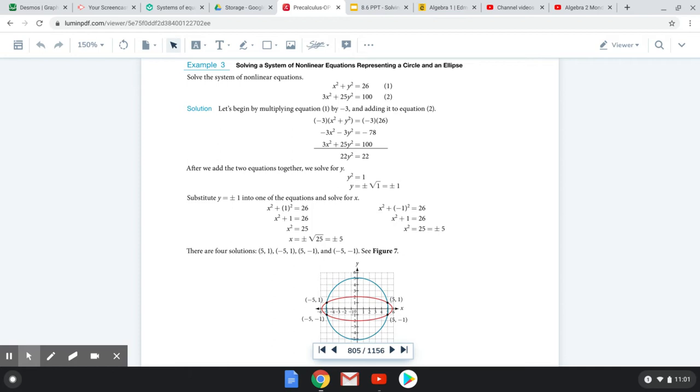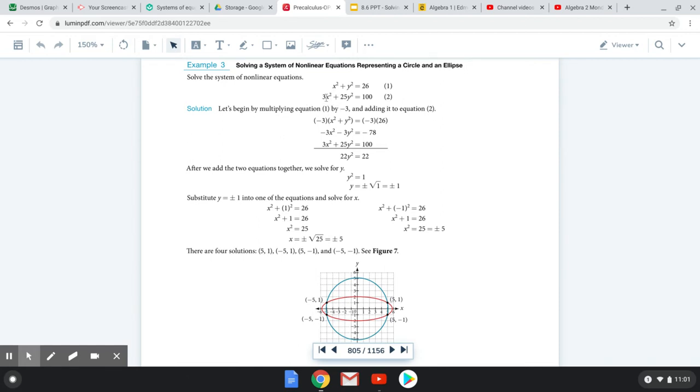Using substitution, we would have to solve for x, for example, and then we'd have to end up taking the square root of both sides, which runs the risk of losing information, right? When you take a square root, you have to do plus or minus, so you run the risk of losing information. It gets complicated.